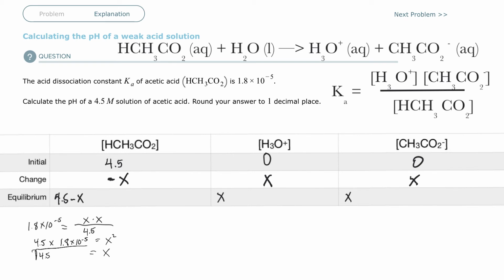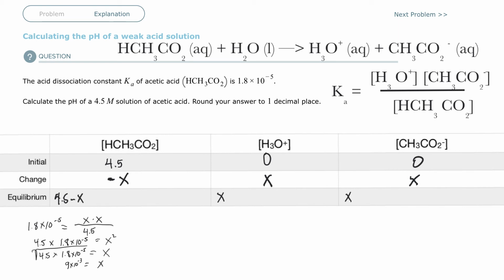My calculator can do that. X equals 9 times 10 to the -3. It would not even be 1 penny's worth. It would just round away.